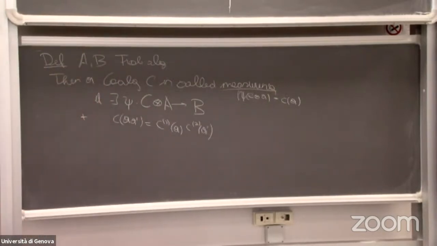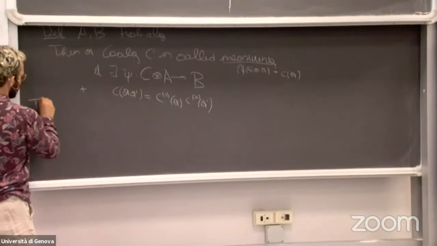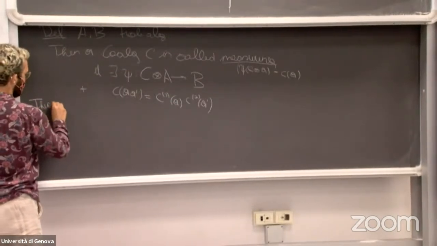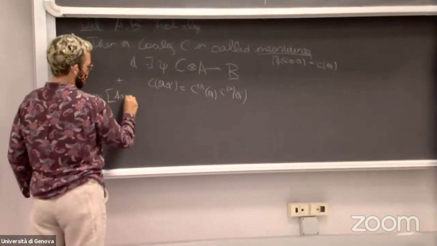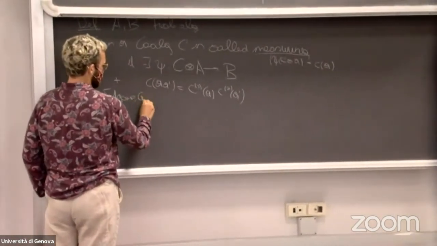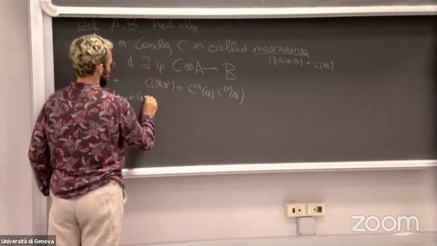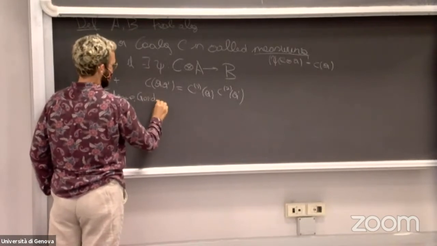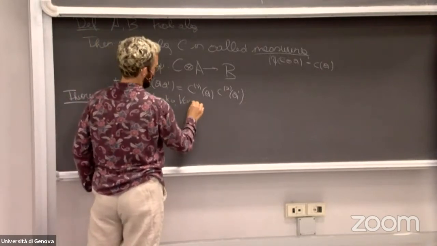And now the question arises: I just gave a definition for one, which one do we use? And luckily, there's a universal one. So this theorem is due to Porst, Gordienko, and Vercruysse. I hope I don't mix up the names.